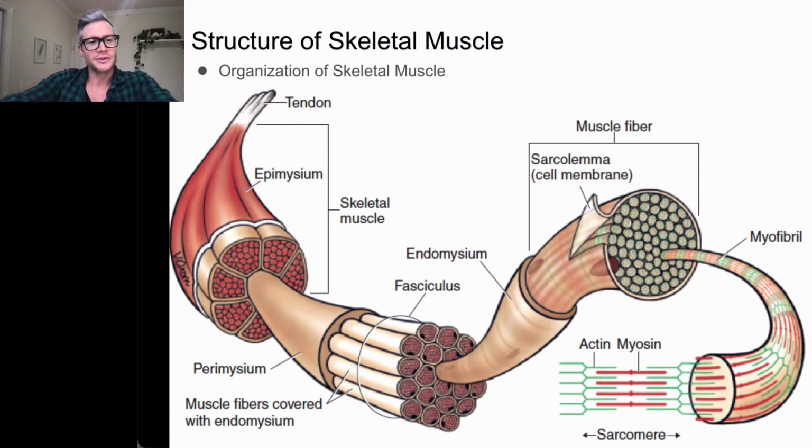So let's start off getting orientated with this, going from a macro to a micro level. You can see that this component here, where it says skeletal muscle, is the macro level of our skeletal muscle. And this transection and these expanded, blown up images actually get smaller and smaller. The diagram just shows them larger and larger, getting closer so that we can see what's going on.